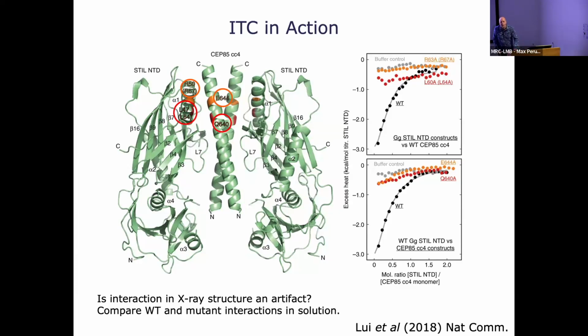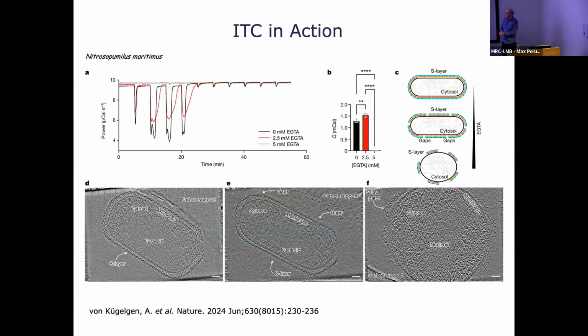And now here's something that's a bit unusual, which Chris did very recently. And this was working with Tom May's group. And they work on these, are they archaebacteria? And this lives in the sea.